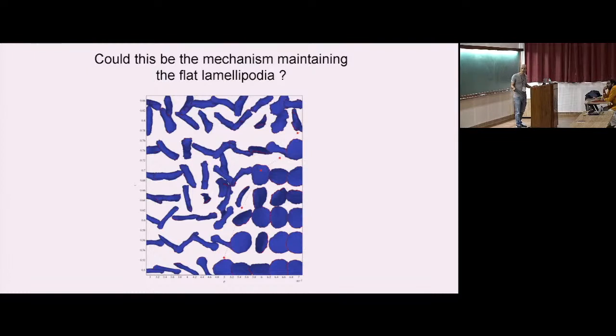Now, could this mechanism be related to these flat protrusions that cells are making when they are moving on the surface or inside some gel, which is called lamellipodia?